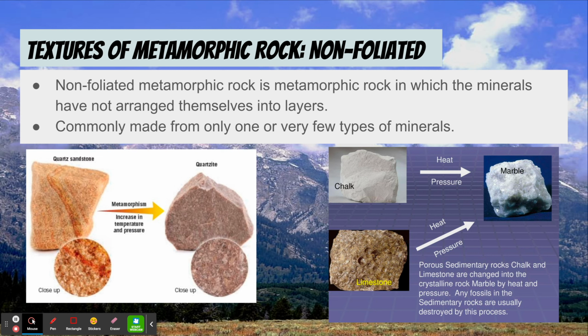So you can see in the diagrams below, you've got quartz sandstone, which put underneath heat and pressure becomes quartzite, but it's not foliated because it doesn't contain a lot of different minerals that actually line up. You could see that limestone and chalk, both put under heat and pressure, can become marble, and you can see that marble is non-foliated. So there's no distinct layers in marble.